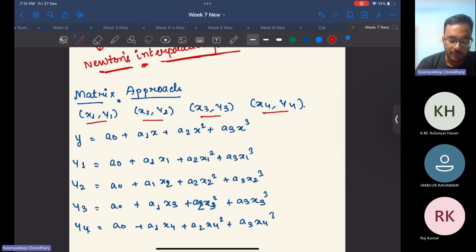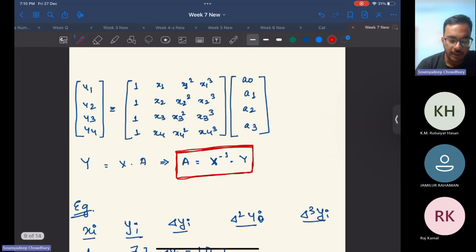Like this, we will have y1, y2, y3, y4. So 4 equations are there. These 4 equations we can write in the form of a matrix, right? We write y1, y2, y3, y4, and this is my x matrix: 1, x1, x1 square, x1 cube, similarly for x2, x3, and x4, and we have the RHS matrix, which is a0, a1, a2, a3.